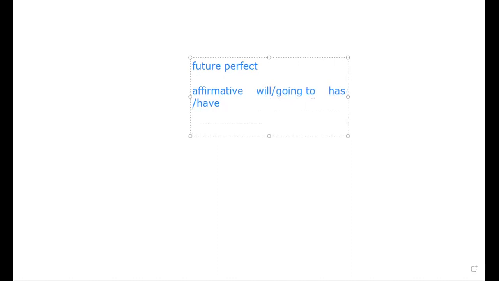Okay, let's write down a sentence to check what the future perfect is. For example, he will have decorated the house by next August. So here is an example.